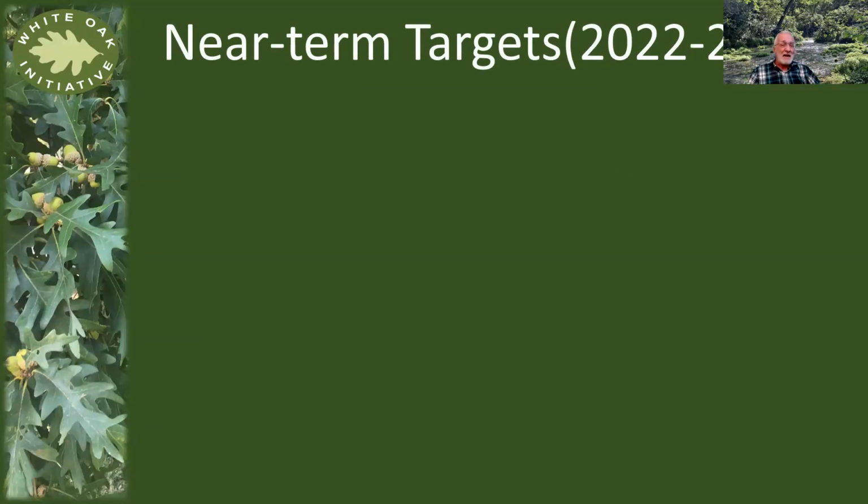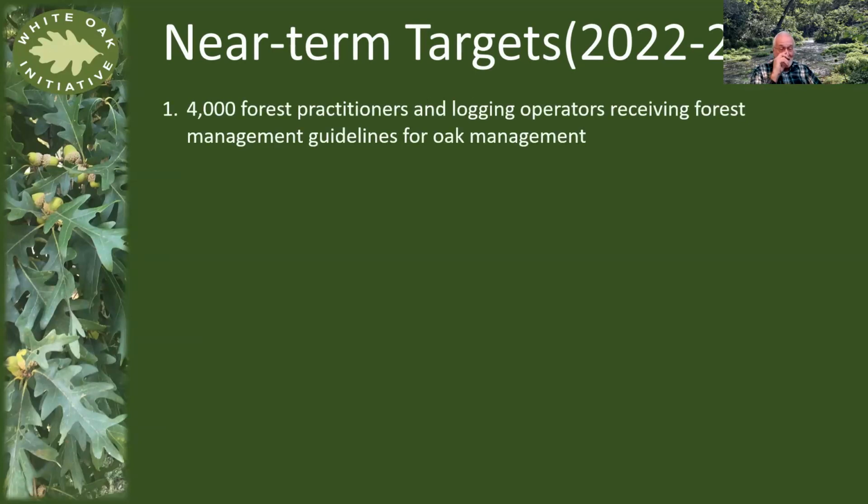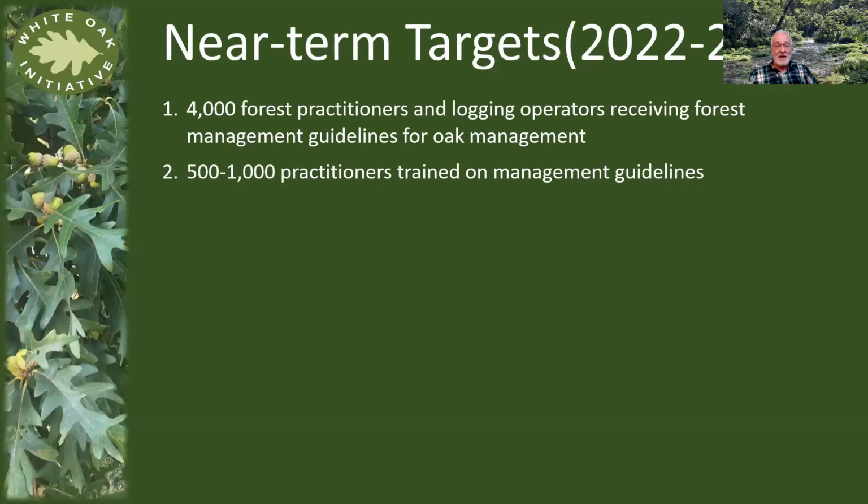The pandemic kind of put a little dent in this when these targets were originally set, but we're pretty close to some of these. In that central hardwood region, we'd have 4,000 practitioners and logging operators receiving guidelines on how to manage our oaks. We would have 500 to 1,000 practitioners trained on these management guidelines.